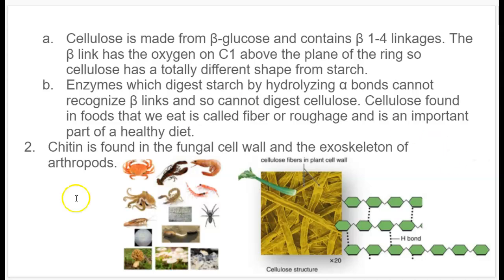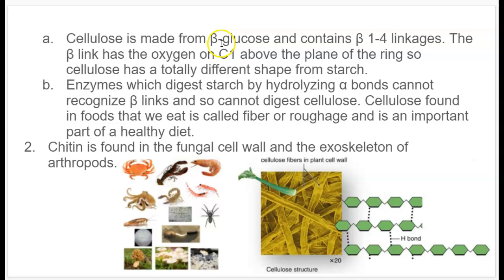Sorry, this is what I was talking about when I was talking about the chitin in the exoskeleton. So just some examples of different things. Now, one of the reasons why some animals can eat certain types of plant matter and get energy, while other animals can't eat the same, has a lot to do with the enzymes that break down alpha and beta glucose.